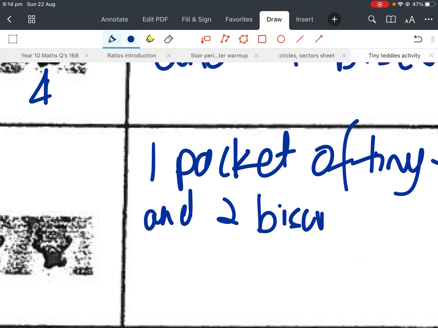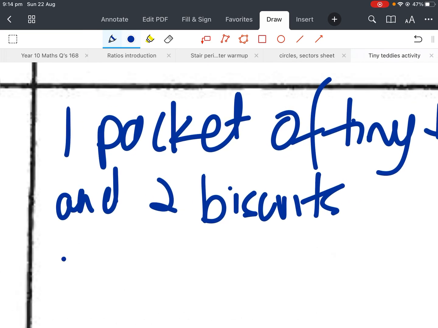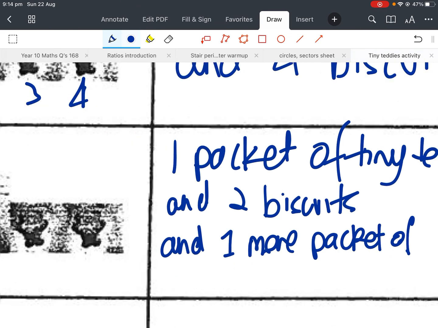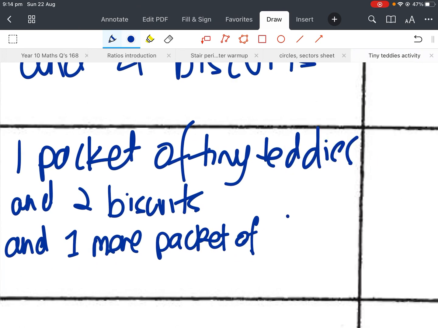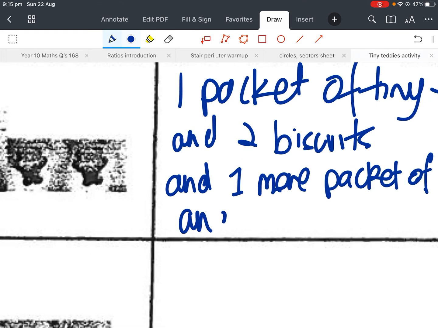Biscuits, and then I've got another packet and 1 more packet of, I'm not going to finish this, I'm just going to put TT because I'm running out of room, of TTs and 2 biscuits.